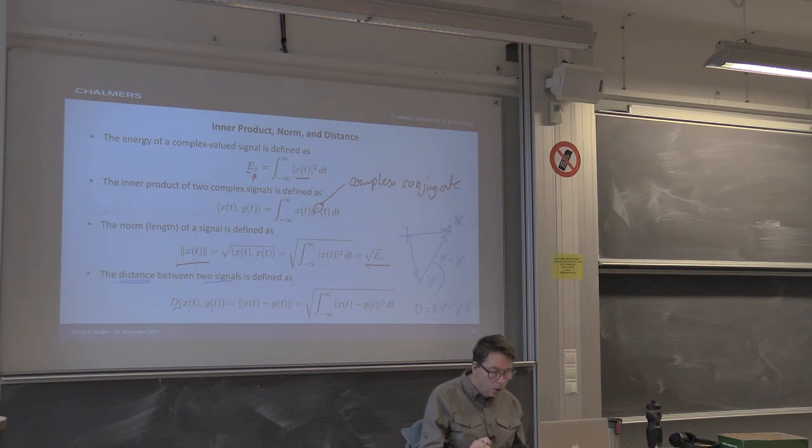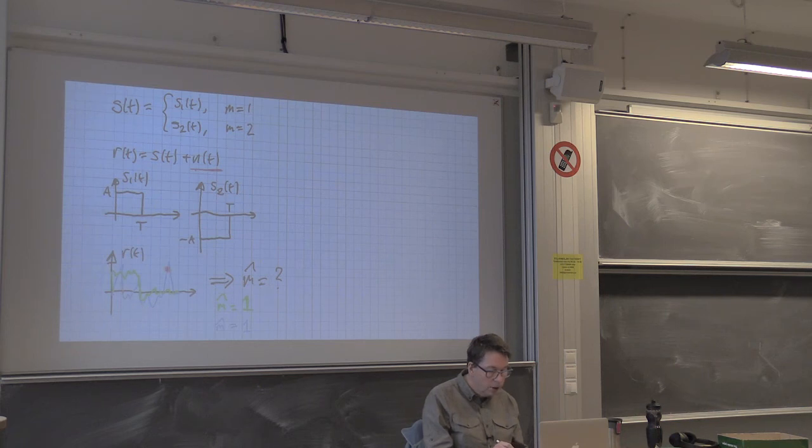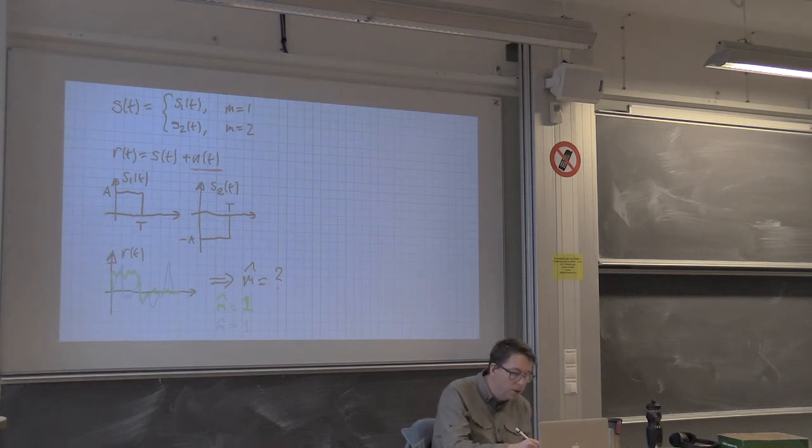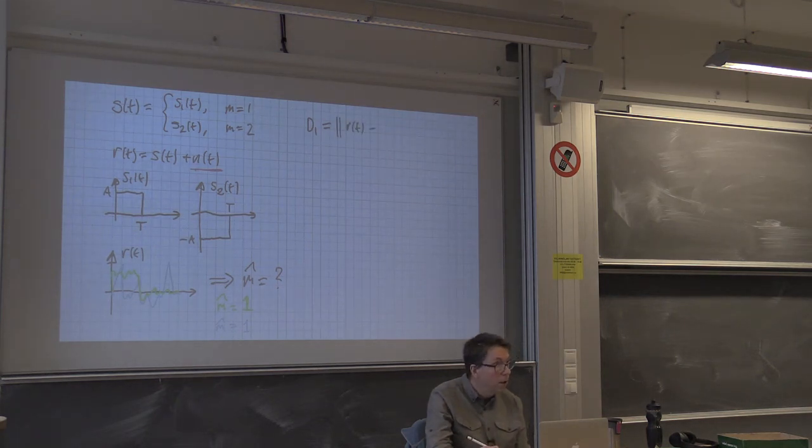Okay. So, going back to this here, what do we need in order to figure out whether we should choose m hat equals 1 or 2, taking the blue signal here, for instance? Well, we compute the distances. We compute d1, which is the distance between r of t and signal number 1.